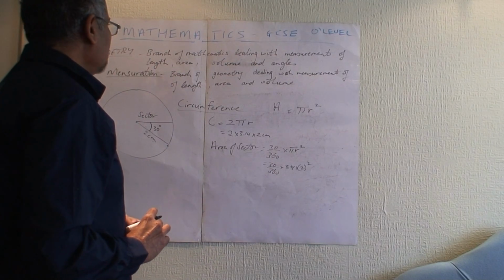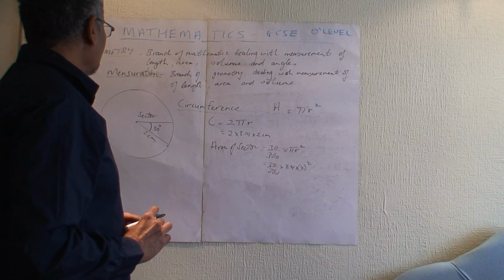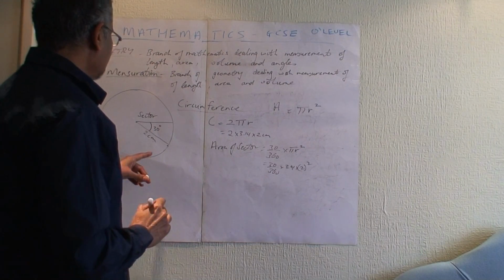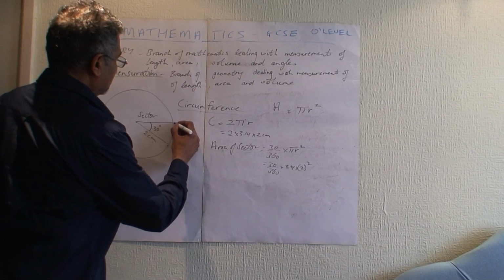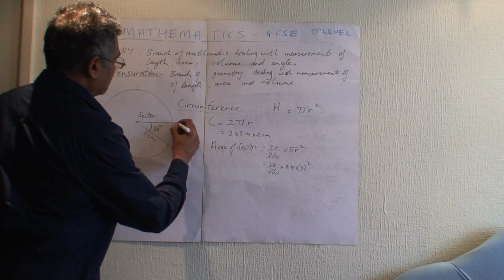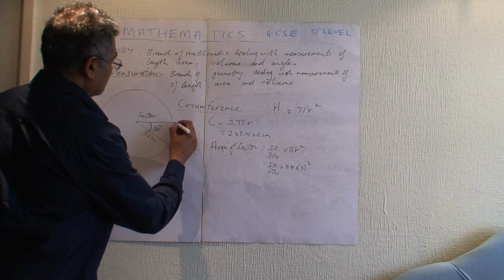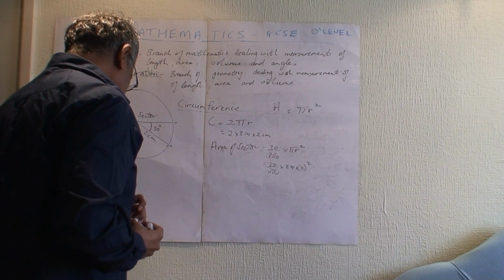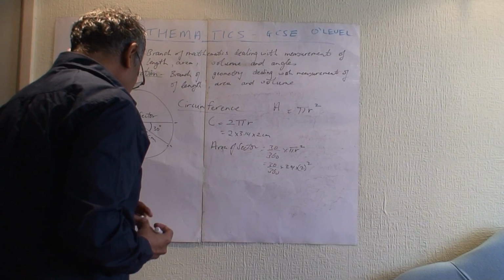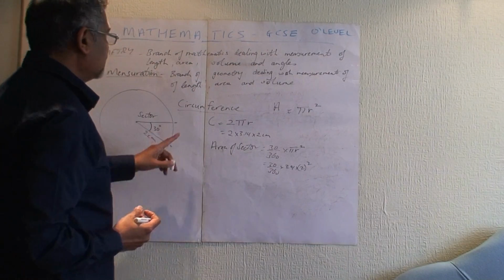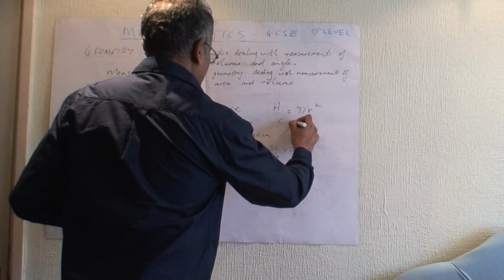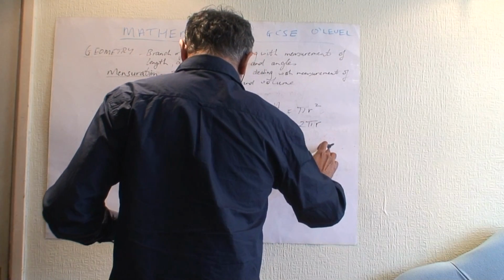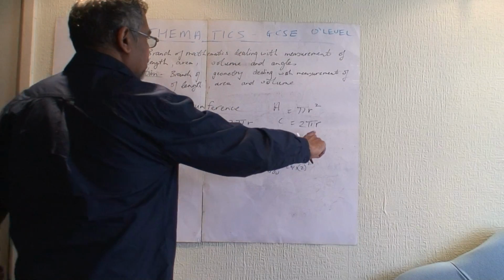Now, what if you want to know the length of the sector from here to here? We know finding circumference was 2 pi r.